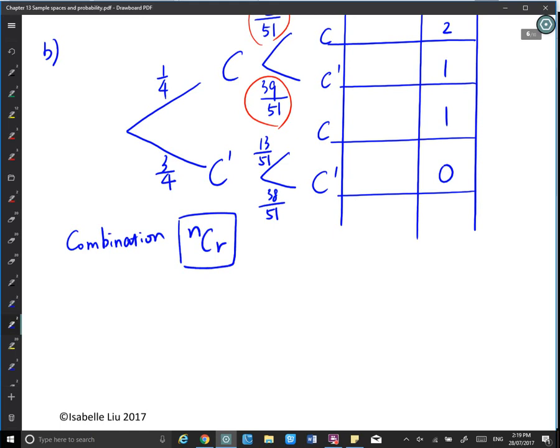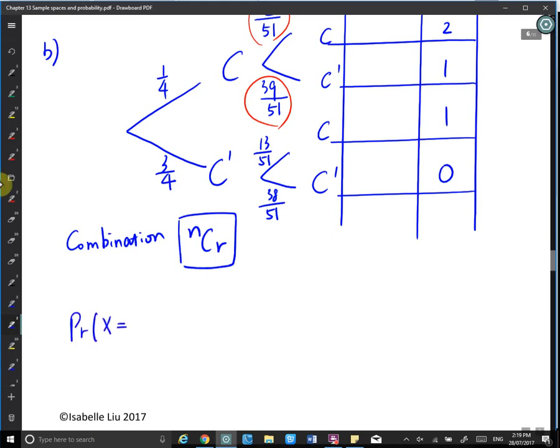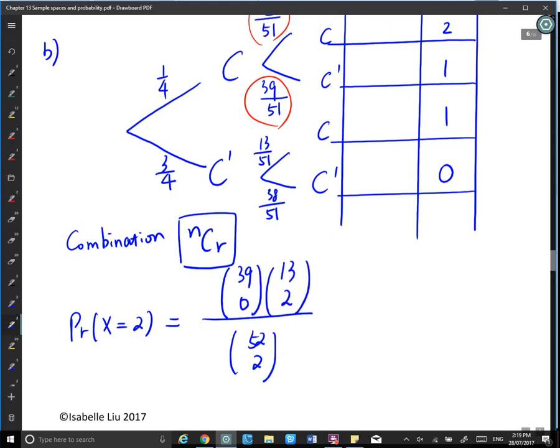For example, to get 2 clubs, the probability x equals 2 will equal, 52 cards, you select 2. That's the denominator. And the numerator will be 39 choose 0, and 13 choose 2.